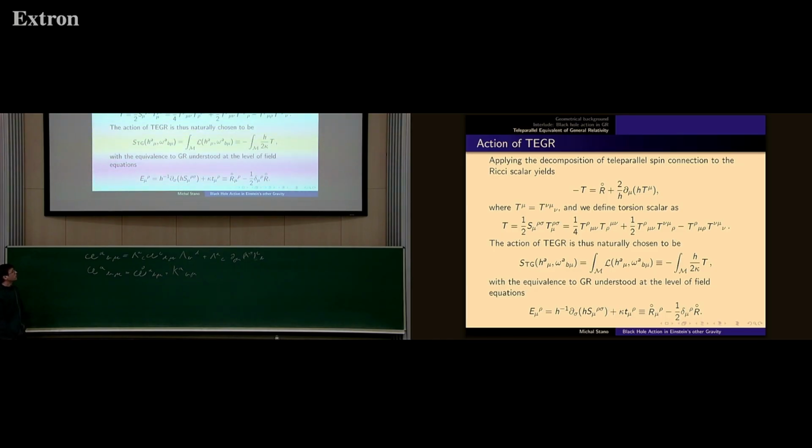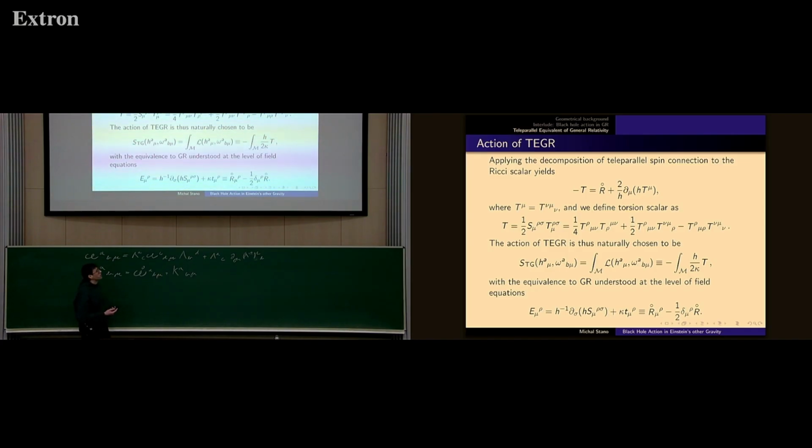to apply this spin decomposition I've written down on the blackboard. And once we apply it to the Ricci scalar, it turns out that it decomposes in this very nice way, where we have defined the torsion scalar implicitly as a linear combination quadratic in the torsion tensor.